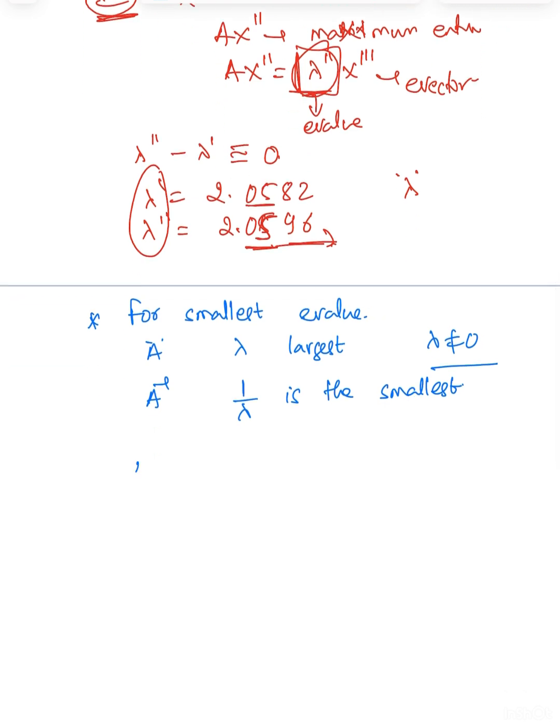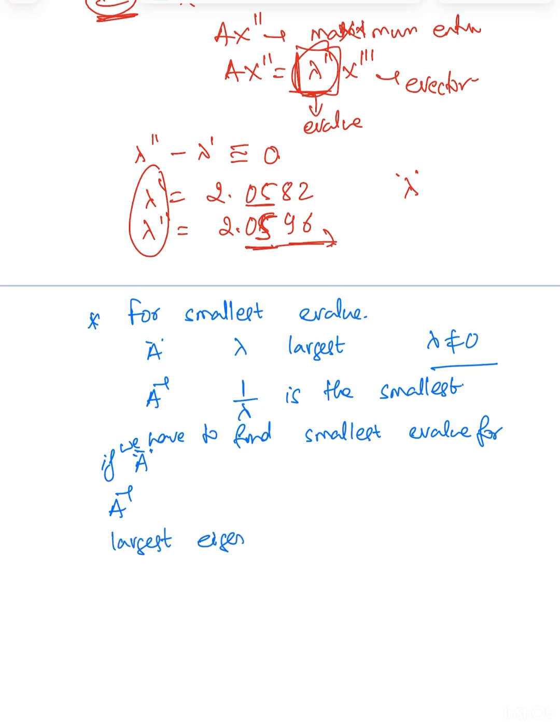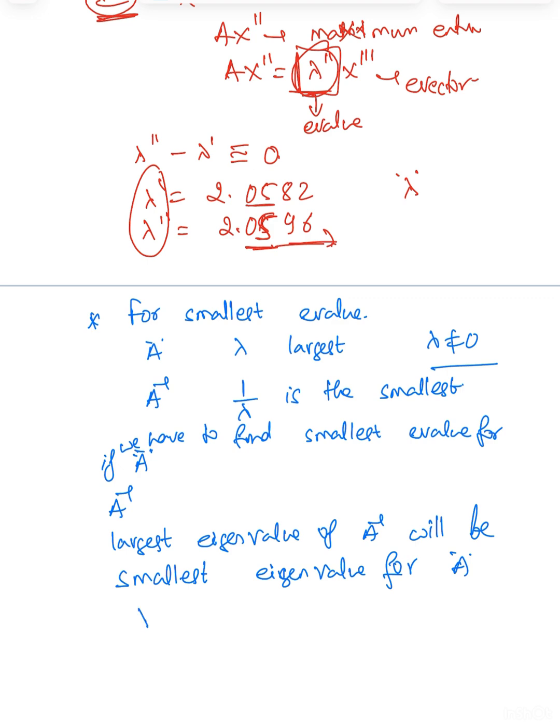So if you want to find the smallest eigenvalue of A, first find A inverse, and the largest eigenvalue of A inverse will give the smallest eigenvalue of A, because if lambda is an eigenvalue of A inverse, then 1 by lambda is an eigenvalue of A. If this is largest, then 1 by lambda will be smallest.